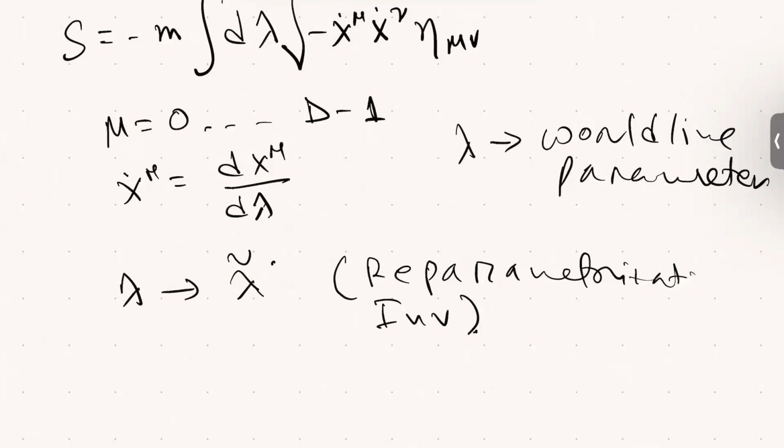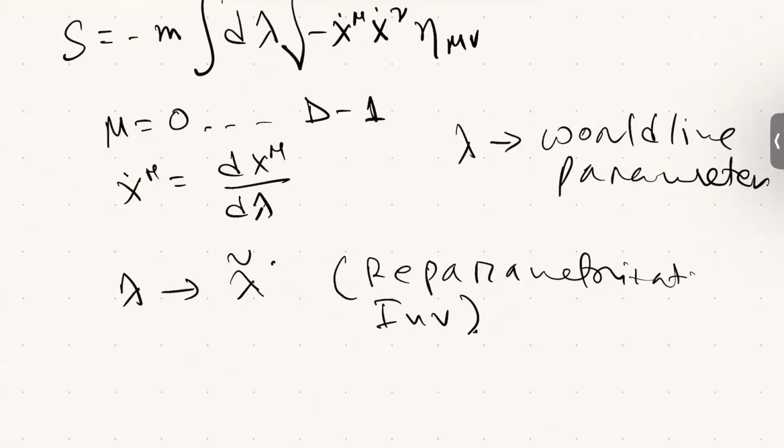So this tells us that there is a symmetry under which the action is invariant, then there could be a conserved charge, right? But the thing is, in this case, lambda is not a physical parameter. Okay, lambda is just a one-line parameter.